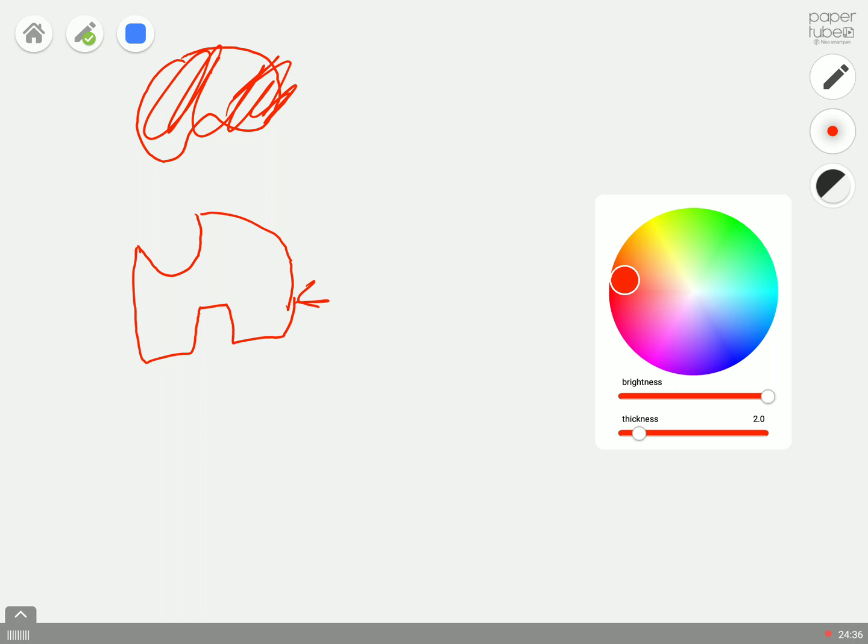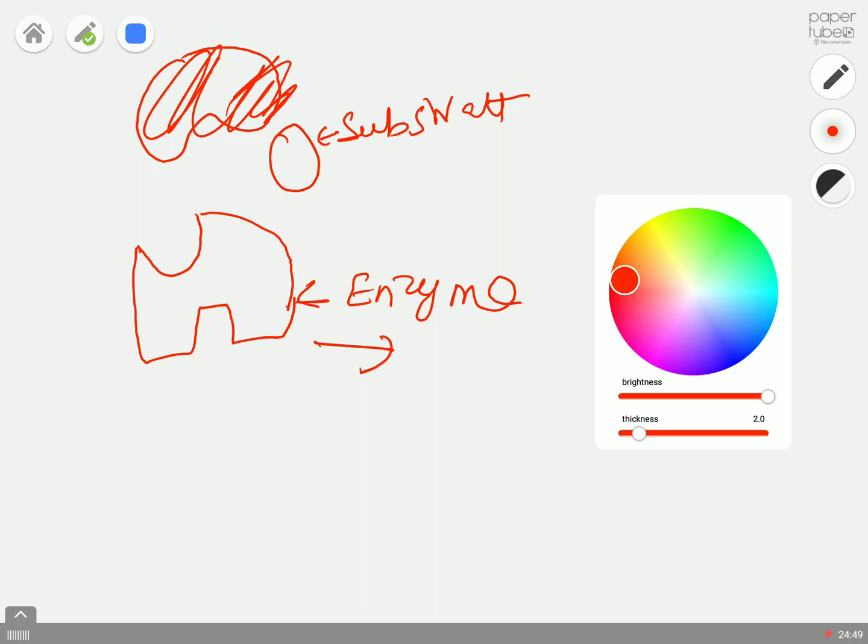So let's call this one the enzyme. Let's say this one is your substrate. So they can combine. See, I'll try to draw. So this one is your enzyme substrate complex, and say you have your inhibitor here.